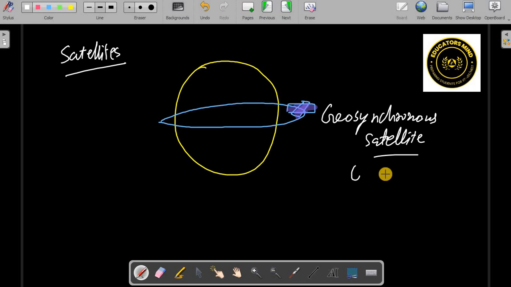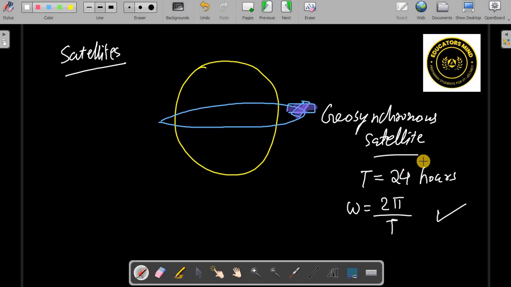Geosynchronous satellite means its angular velocity is the same as Earth's, or its time period is the same as Earth, 24 hours. Omega we can also calculate as 2 pi by time period. So the angular velocity of that satellite is the same as that of Earth. That means it will always look to be at the same point, because it is rotating at the same speed. A satellite kept at a place will look stationary there.